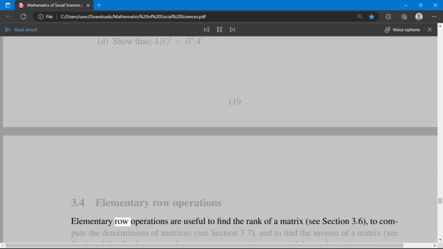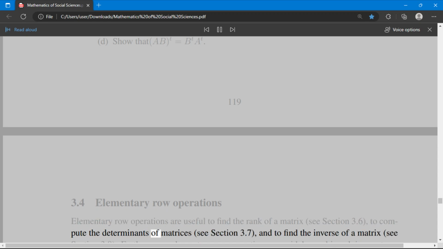3.4 Elementary row operations. Elementary row operations are useful to find the rank of a matrix, see section 3.6. To compute the determinants of matrices, see section 3.7. And to find the inverse of a matrix, see section 3.8.